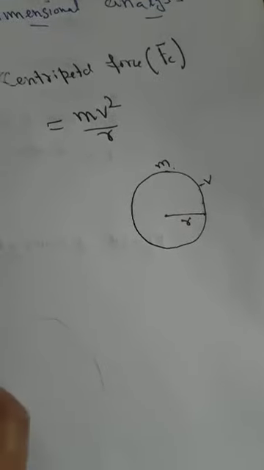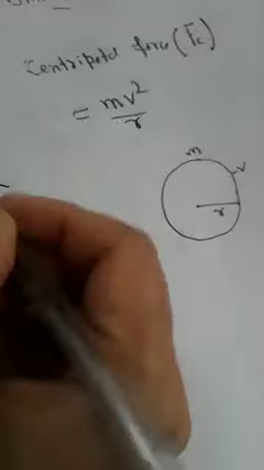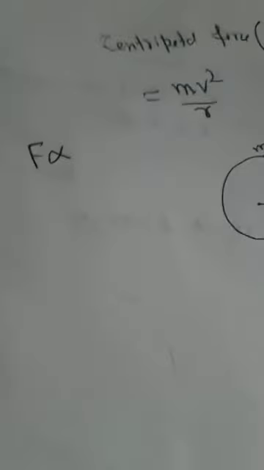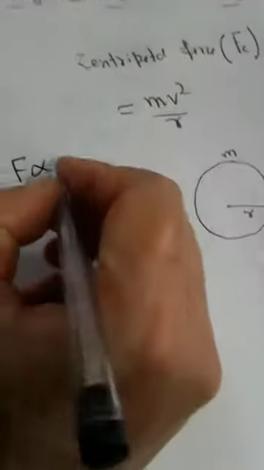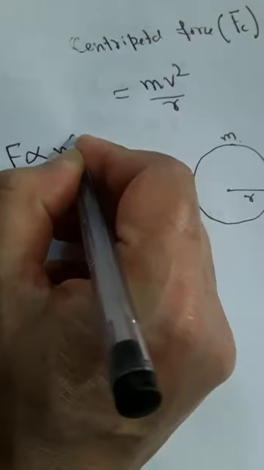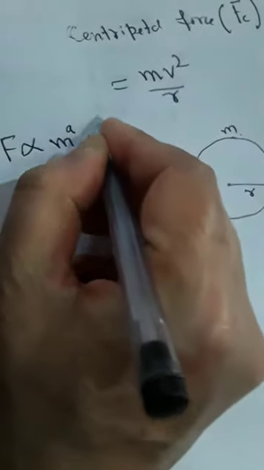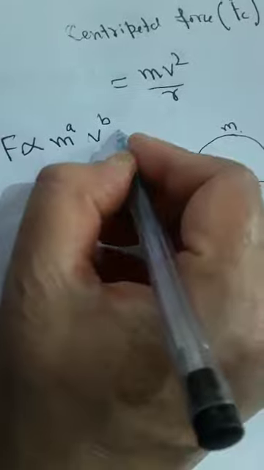We suppose that they are all directly proportional. Suppose the dimension of m is a, the dimension of velocity is b, and the dimension of radius is c.